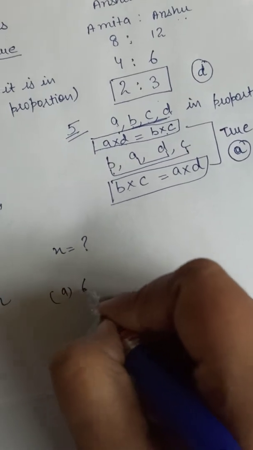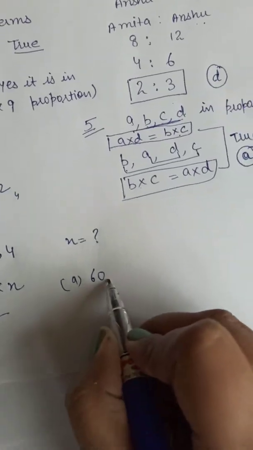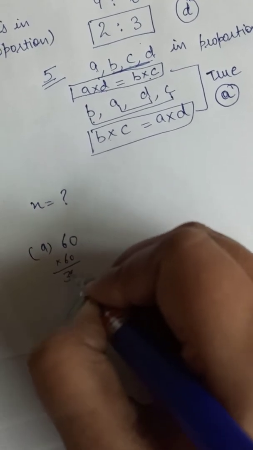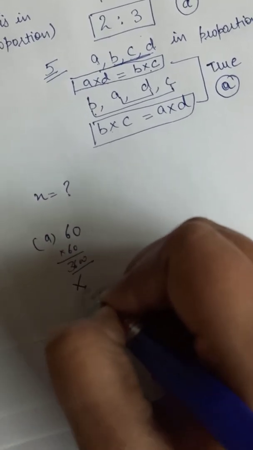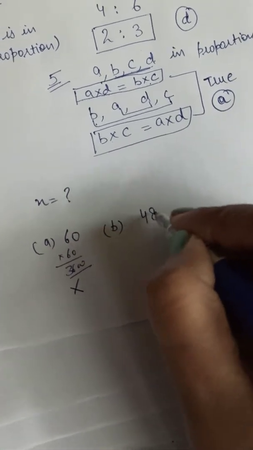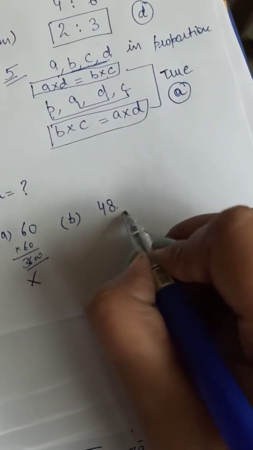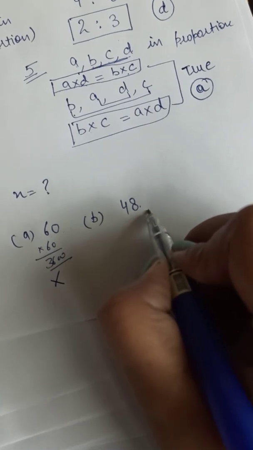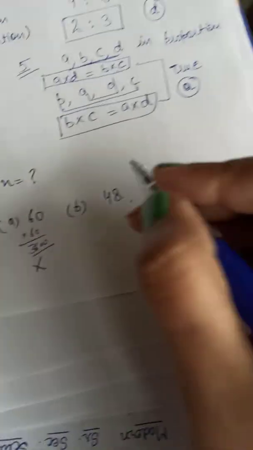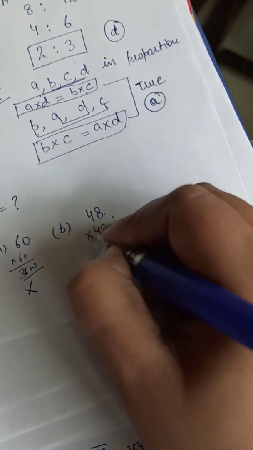See here 60. So if you multiply 60 with 60, it comes 3600, which is no. Come to option B, 48. When you multiply 8 with 8, 8 8s are 64. The unit digit will be 4 and 4 is in this number. So we will check with this number.